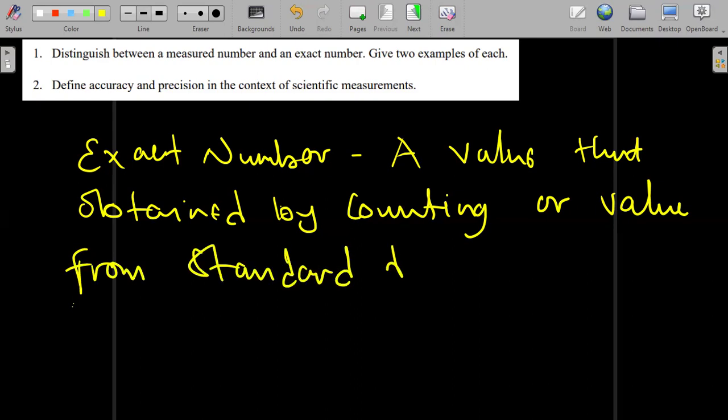A number that you get by counting, or a number that you obtain from standard definitions, is what we call an exact number.